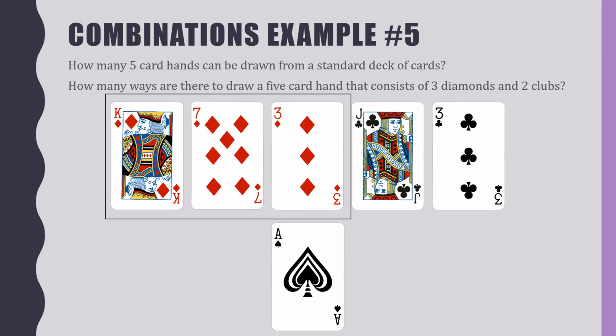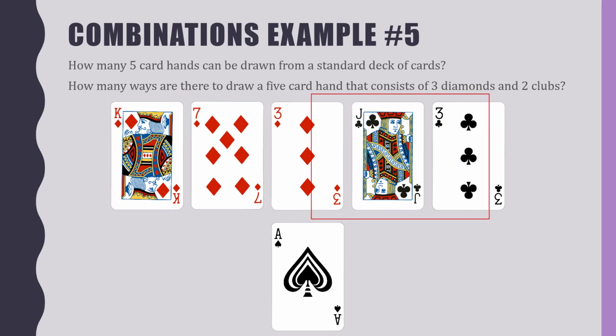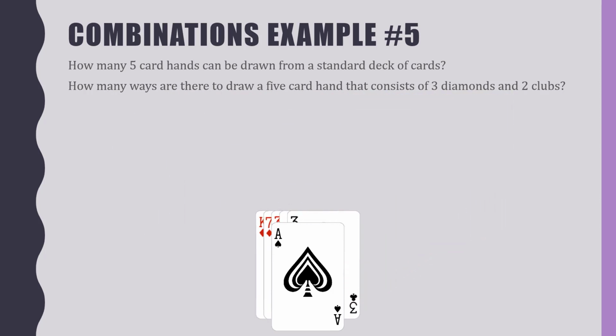So we know that whatever the number of diamonds are, it's going to be multiplied by the number of clubs, right? So we need to figure out how many ways are there to get 3 diamonds, how many ways are there to get 2 clubs, then multiply them together. All right? So what's that look like? Well, if I want to know just how many combinations of 3 diamonds exist, there's 13 to start with.